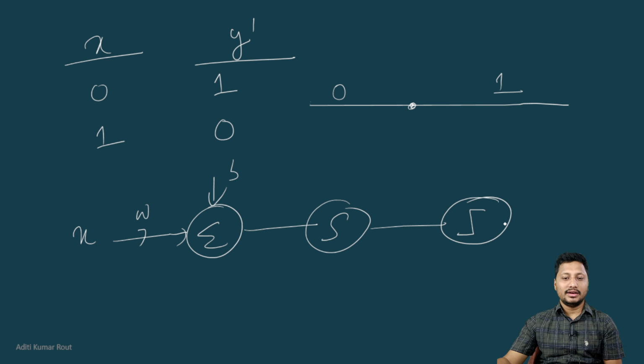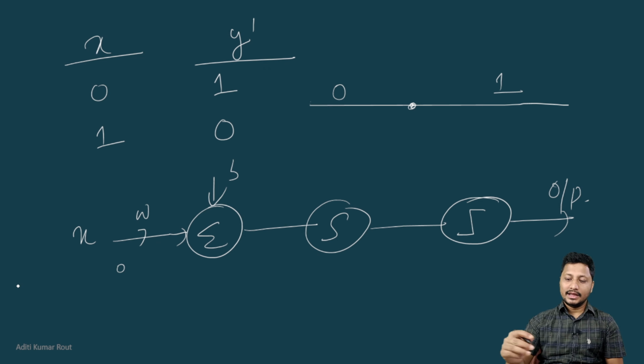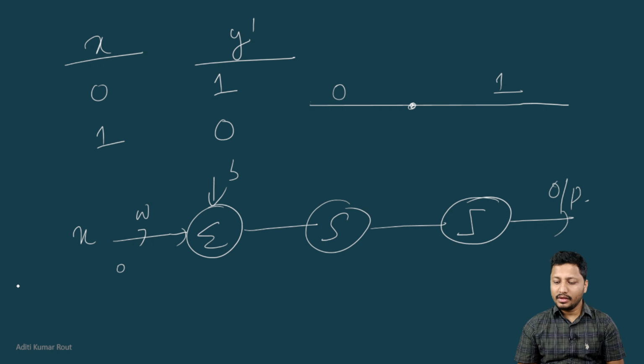It will provide the output, whether it is 0 or 1. The possibility is 2, right? When we give 0, we get 1, and when we give 1, we get 0. This is basically the implementation of the AND gate, OR gate and NOT gate using a one layer neural network, or one layer artificial neural network, or perceptron.